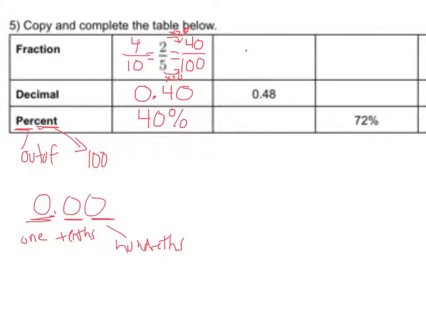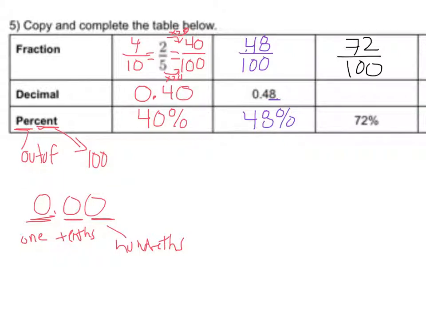Now, since we talked about the decimal here, we can now look for the second one, about 48 hundredths. So we can write that as 48 over 100, because that's 48 in the 100th spot. And since right now we can keep this as a fraction, we'll reduce it in a second. But since right now this is 48 per 100, we also know that this is 48%. That helps us also talk about the next percent, which happens to be 72%, or 72 out of 100.